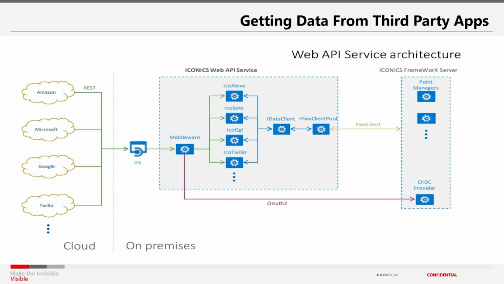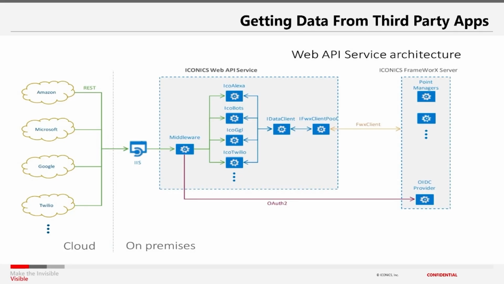If we need to get data from a third party, how can we do that? Yeah. So for getting data from a third party, in Genesis we have a service called ICONICS Web API Services. This service layers the REST API on top of our framework server, and it exposes the Point Manager API.